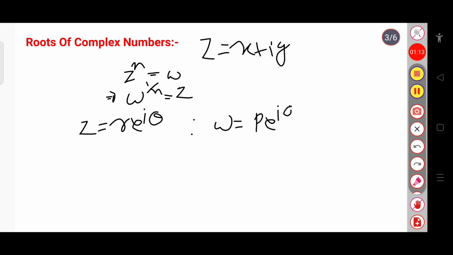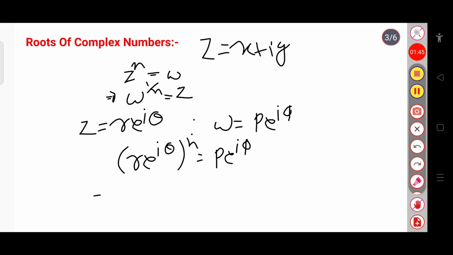These are the two complex numbers. Now, z power n means r exponential I theta to the power n, which will be equal to w, that is p exponential iota phi, because z power n equals w.